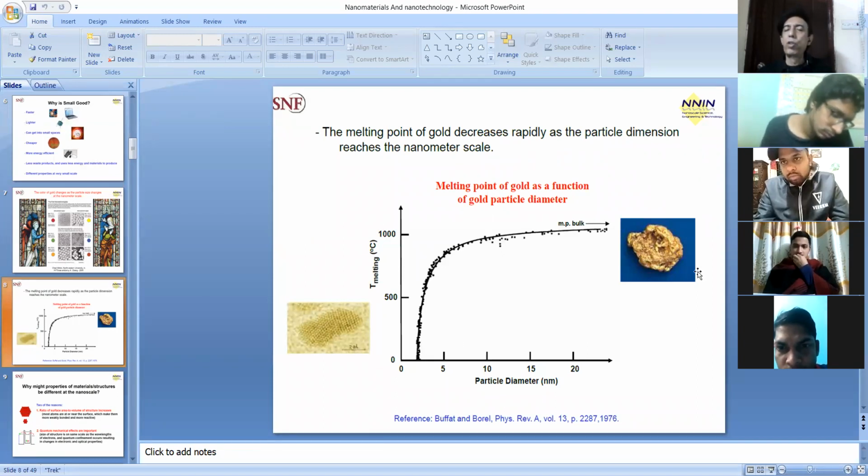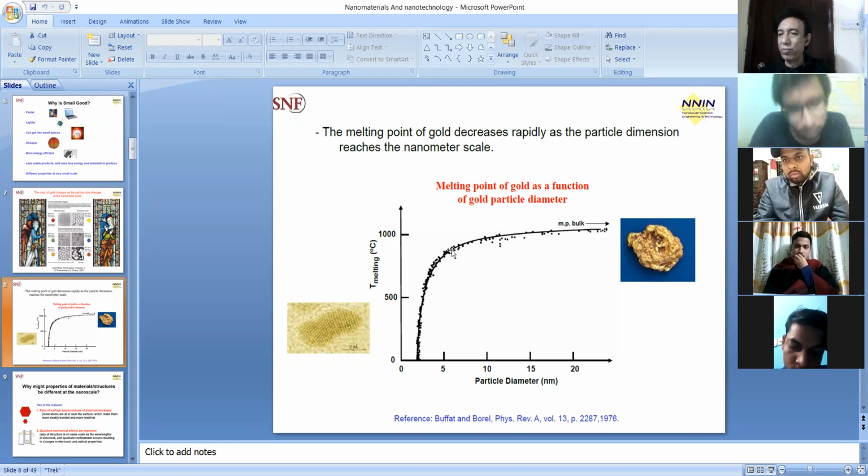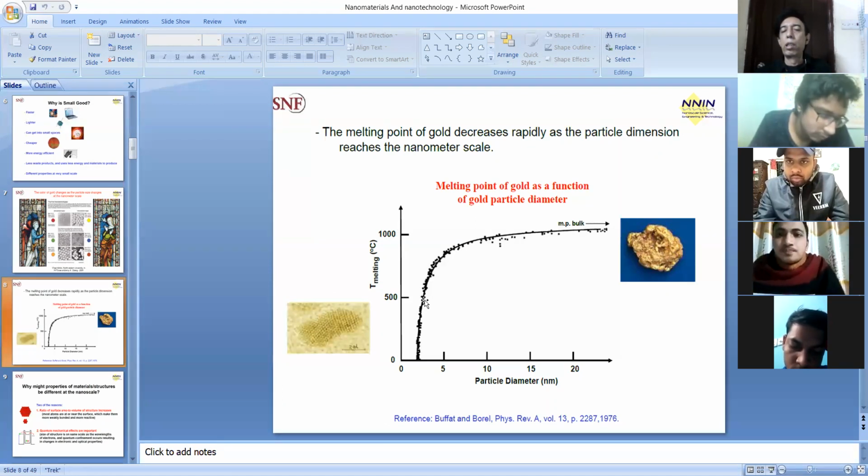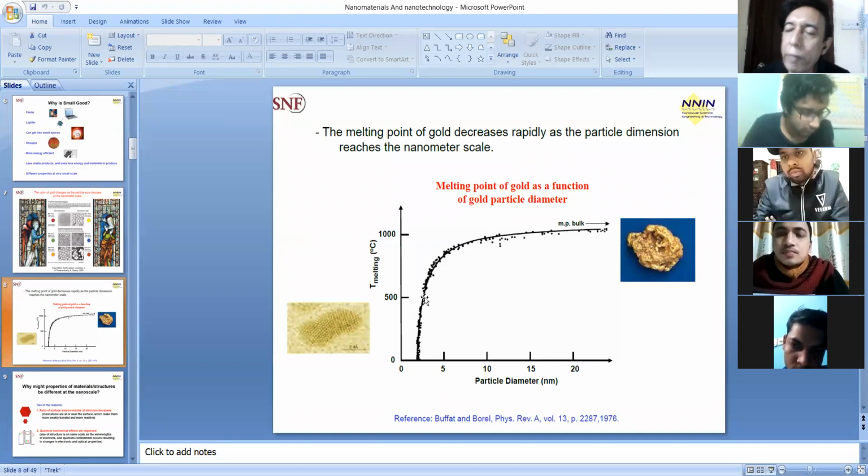So you see, the melting point of gold is actually very high, but if you decrease the particle size, its melting point is decreasing. That is the different property in nanoscale. Say, for example, you have taken some gold atoms which have a diameter of 3 nanometer, then the melting point of gold is 500 degrees centigrade.